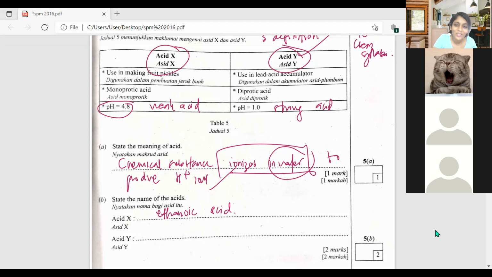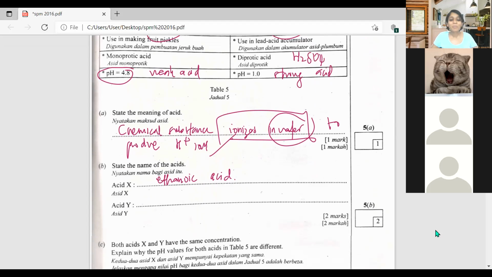Correct. It's H2SO4. If you give me any other answer, I'll shoot you. So can I put down here H2SO4? Can someone tell me whether this is right or wrong? Yes, it is sulfuric acid.